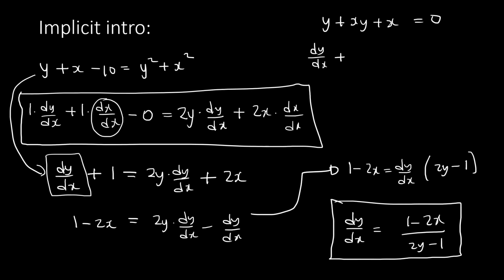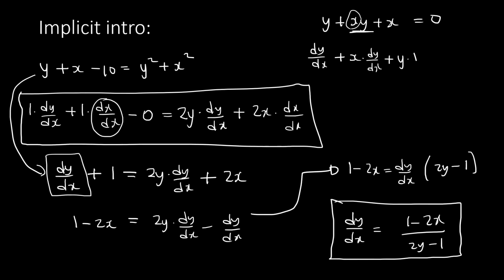If I differentiate xy, this is a product rule. Remember the product rule: the first thing you have is u times the derivative of v, which is 1 dy dx, plus v times the derivative of u, which is 1, because now you're deriving x. When I derive x, I just put 1. I don't put dy dx.